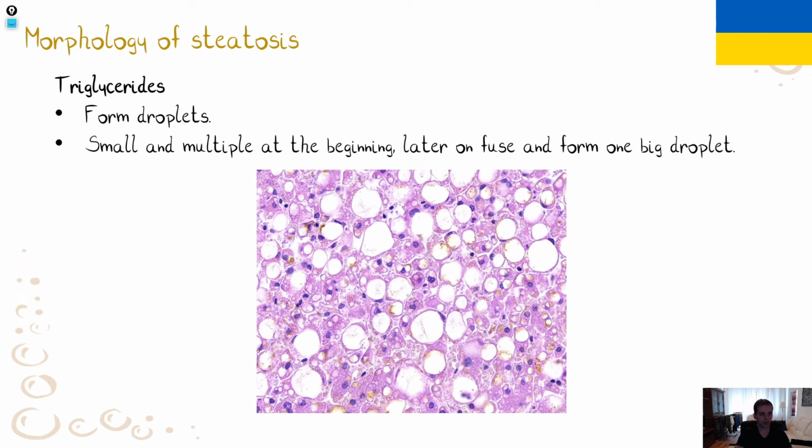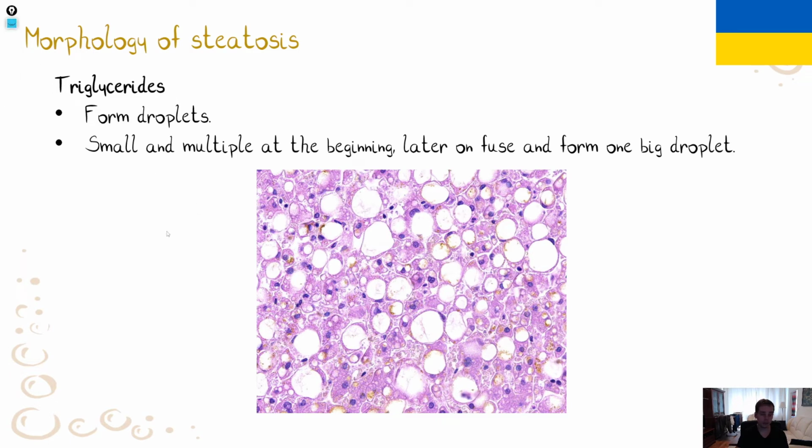Histologically, in case of simple triglycerides, they form droplets. They are usually small and multiple in the beginning, and later on they fuse and form one big droplet. You can see it in liver in this example.